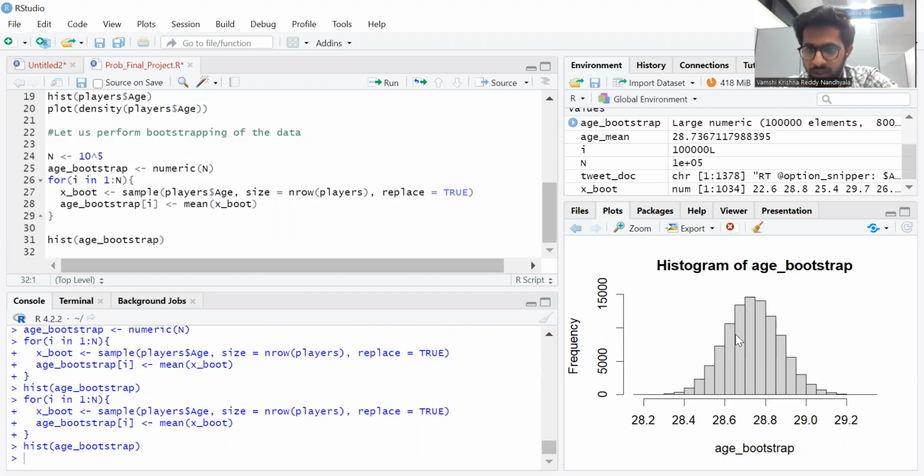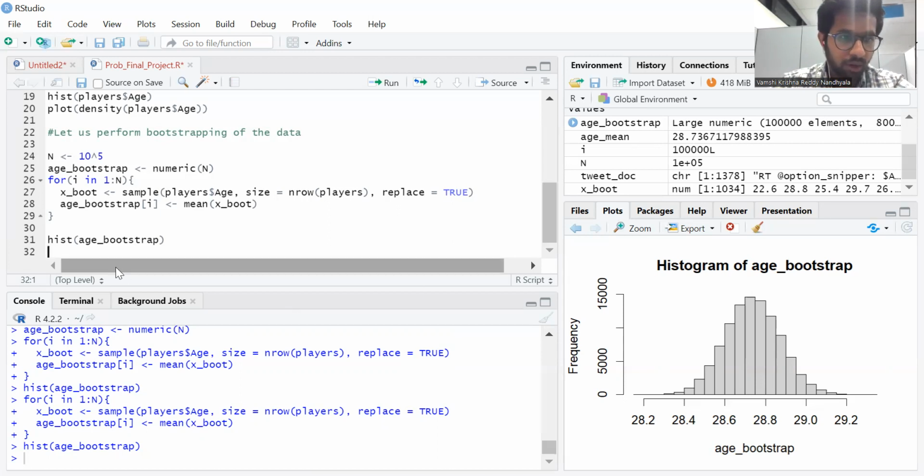Here, the histogram is clearly normally distributed, whereas in that case it somehow resembles a chi-squared kind of histogram. Here, our bootstrapping model performed really well and gave the desired output, without any kind of deviations in the data. We are really good to get the results.